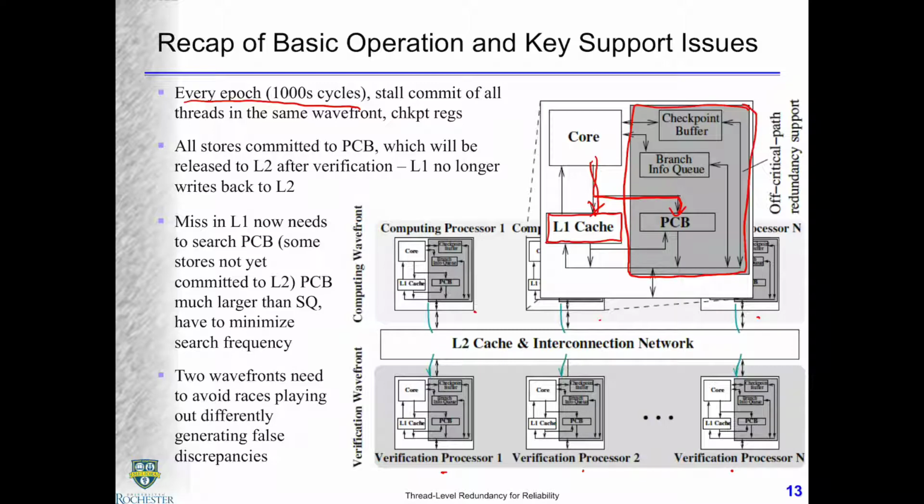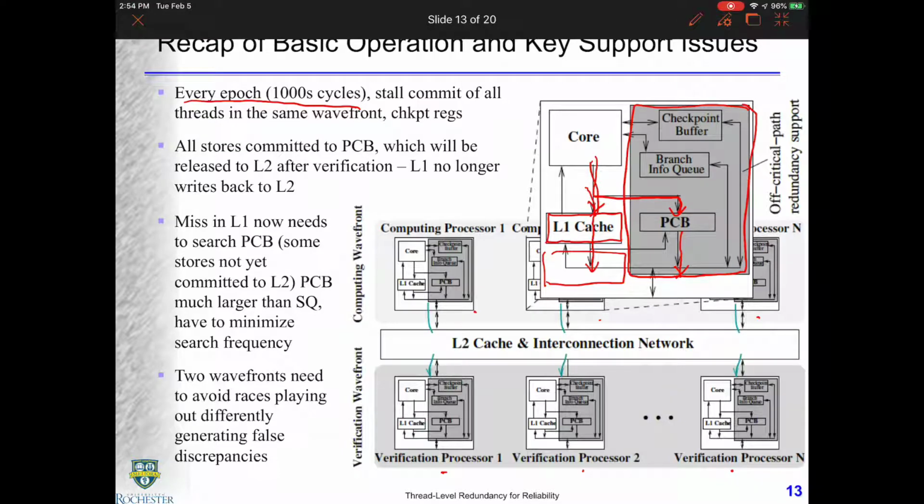If your L2 is a private cache, then just imagine there's another L2 over here, and dirty data or unverified data can be allowed to enter into both L1 and L2, but then they have to go through PCB to go to the last level cache, L3. So the number of levels of cache doesn't really matter here.